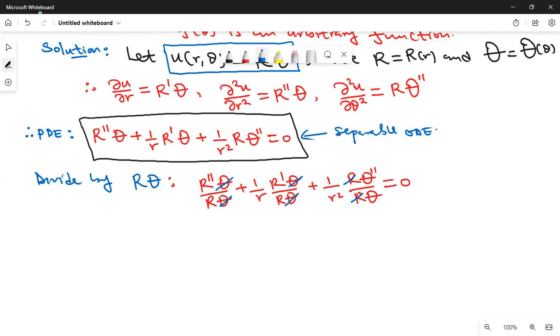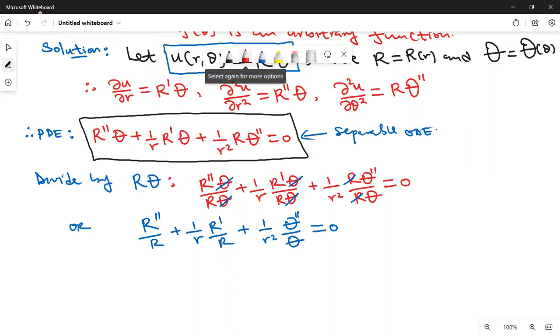And even this one. So what we have is R double prime over R plus 1 over r times R prime over R plus 1 over r squared times Theta double prime over Theta is equal to 0. So I can decide to take this one to the right. See, we are separating the variables, so those functions of r should be on one side and the functions of theta should be on the other side.